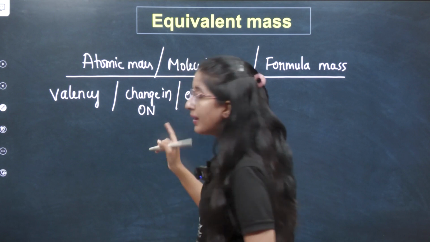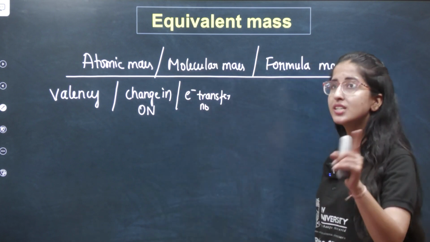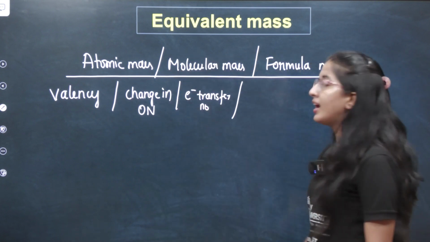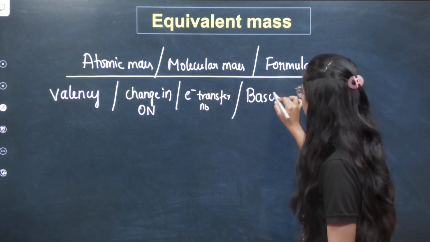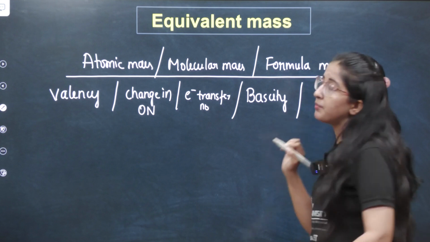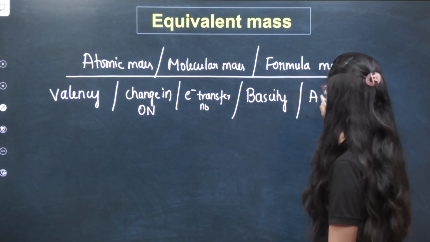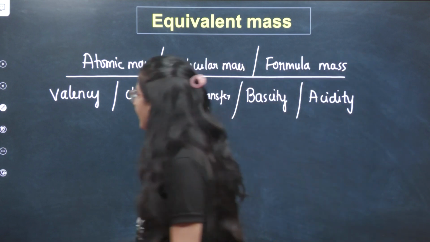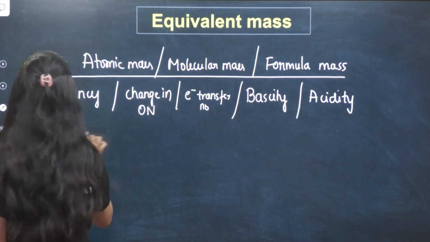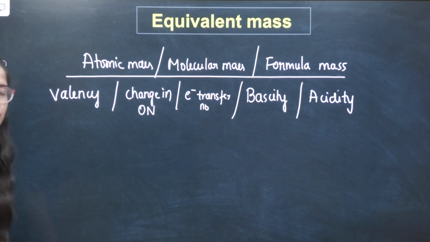How many electrons are being transferred in the case of an oxidizing or reducing agent? If you are given an acid, you might take basicity. If you are given a base, you might take acidity. So this is how you will calculate your equivalent mass. Understood?